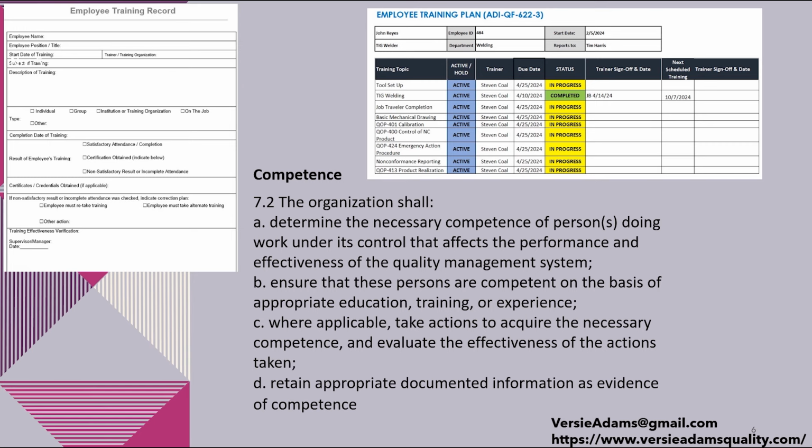However simple you want to make that training record, it's entirely up to you. But the key thing, do not forget that you have to verify training effectiveness. Okay, if you don't do that, then you're going to get a finding on that. And the other thing is that you need to define the necessary training based on that person's position. In this example, like I said here, the training plan. Okay, all right. So let's go to the next item.